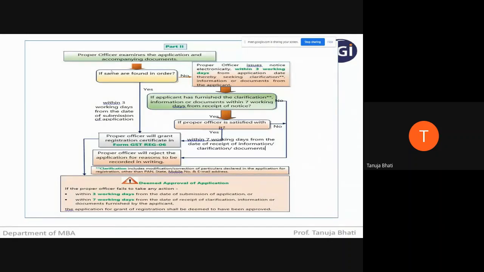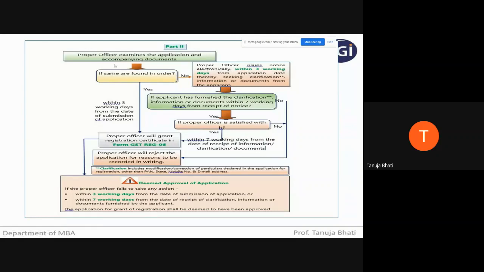If the applicant does not provide the clarification within 7 working days, the proper officer will reject the application. But if the proper officer does not take action within 3 or 7 working days respectively, it will be deemed that the application is approved.